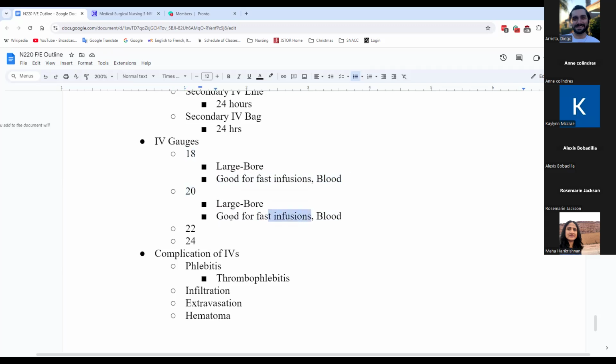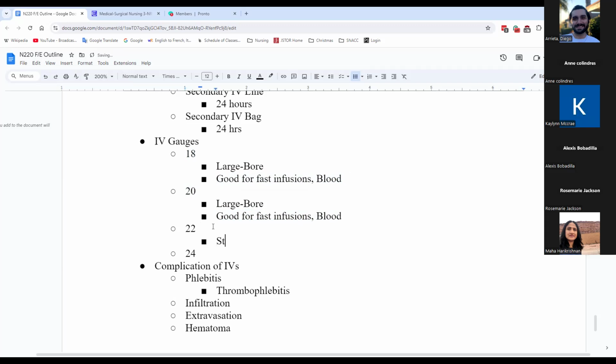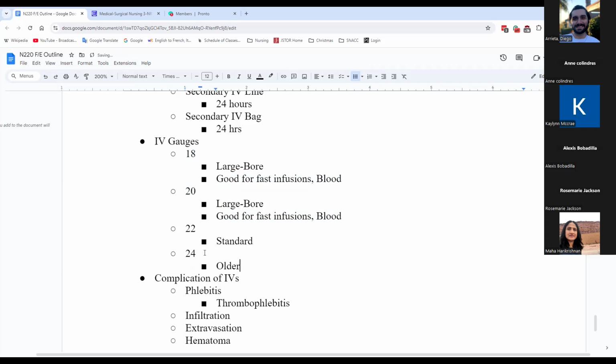If someone is at high risk of needing a rapid IV push or a rapid IV bolus, then having the large bores is better. Then your 22 is your standard one. And 24 is usually for elderly or children or those with smaller or weaker veins. And that's just kind of information for you.